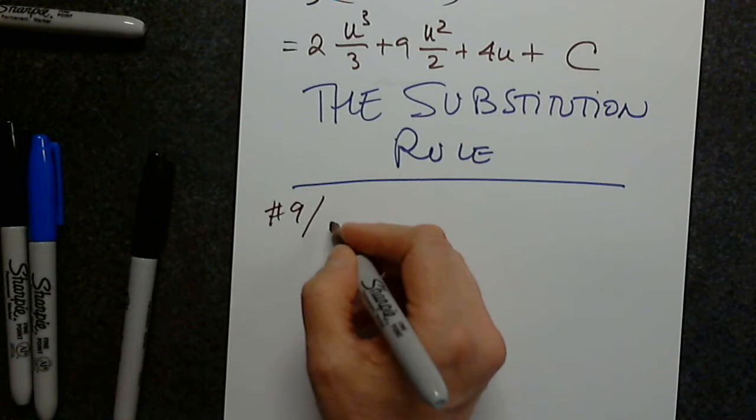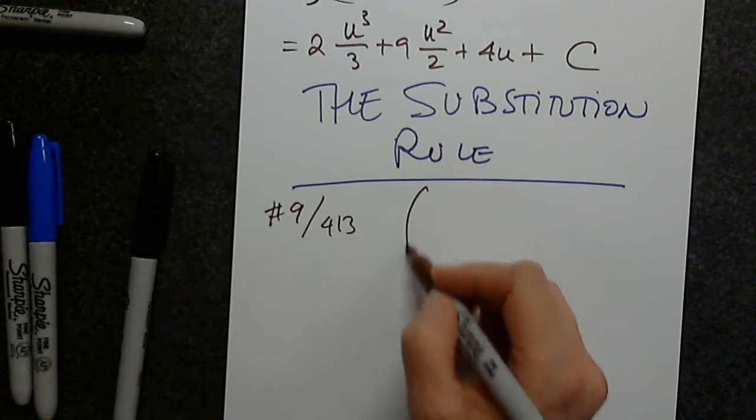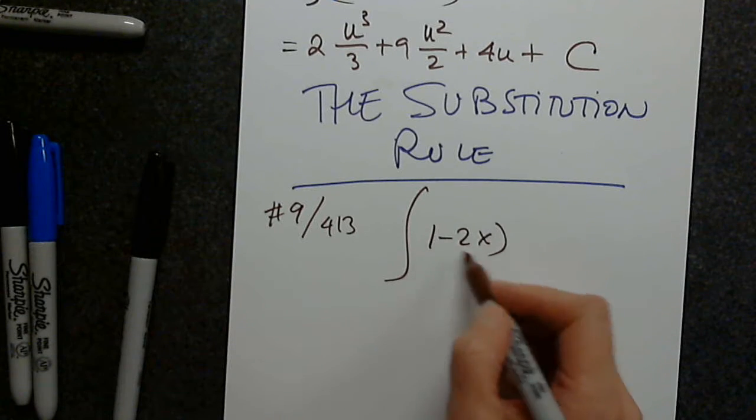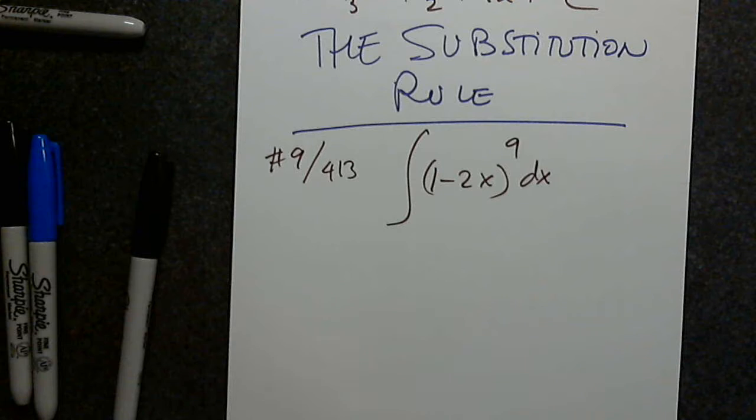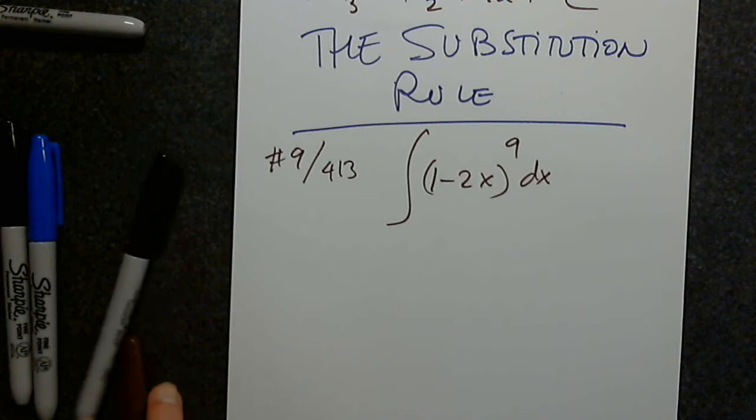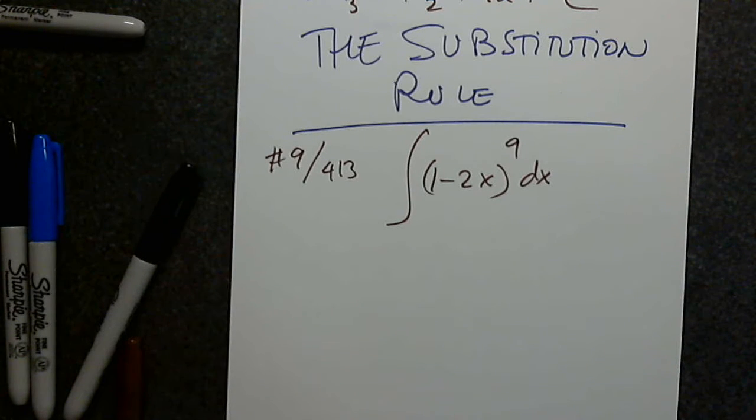Problem 9 on page 413. The integral of 1 minus 2x raised to the 9th power dx. I'm just showing you the easiest way to remember this, not the scientific way, just the easiest way for now.